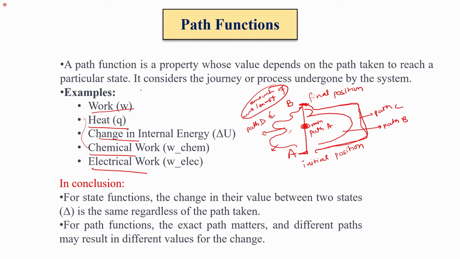So in conclusion, for state functions the change in their value between two states, which we denote with delta, is the same regardless of the path taken. For path functions, the exact path matters. The path followed matters over here, and a different path may result in different values for the change.